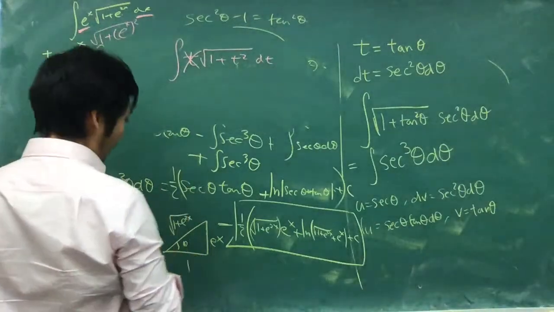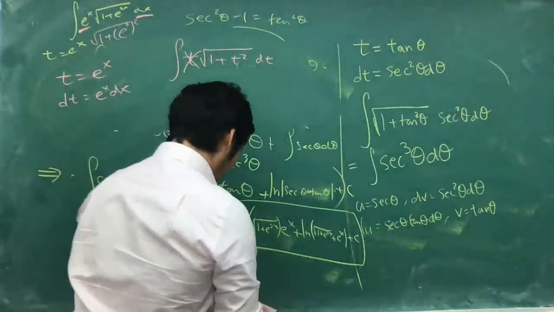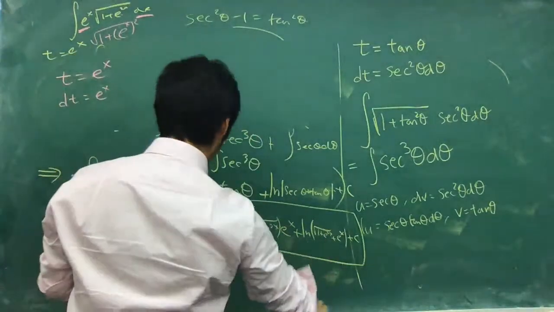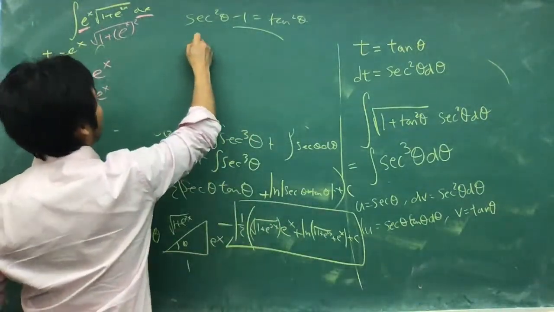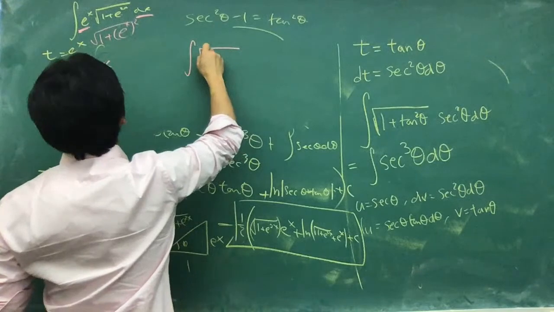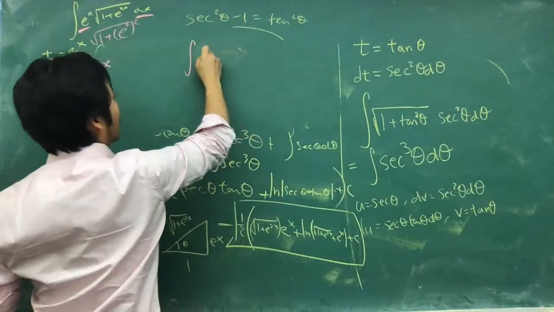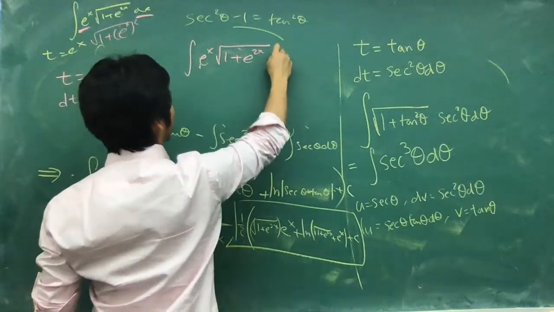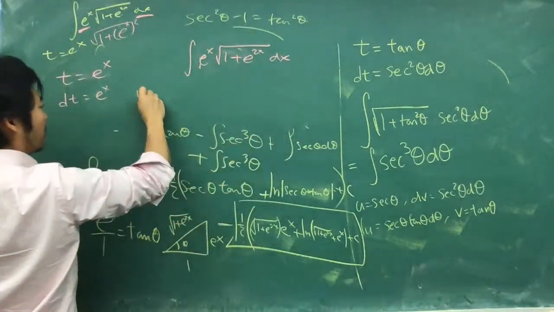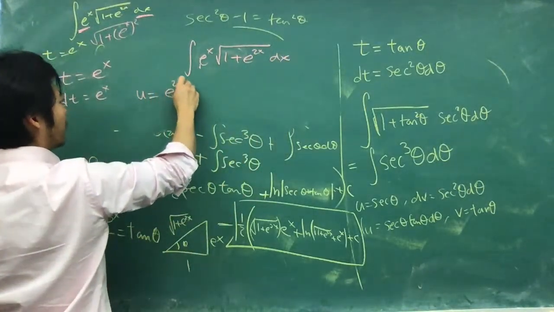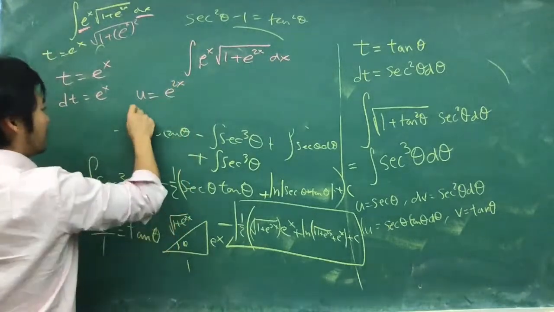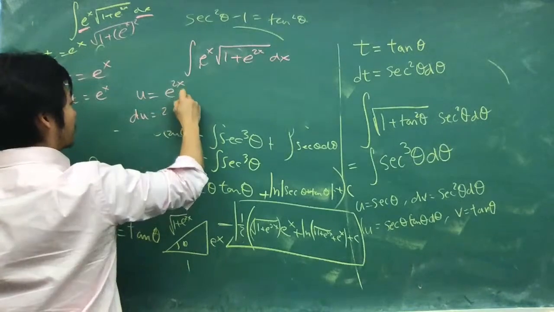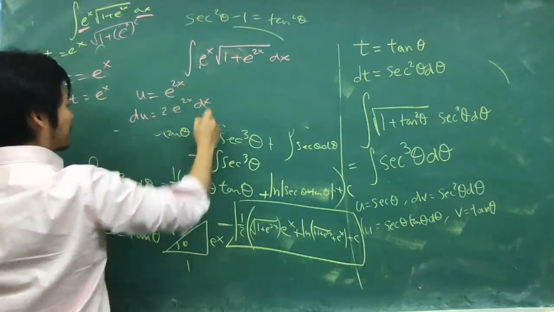So yes, let's see what happens if you do that. It might work, but I haven't tried. So, e to the x times the square root of 1 plus e to the 2x dx. If we let u equal e to the 2x, then du is 2 e to the 2x dx.